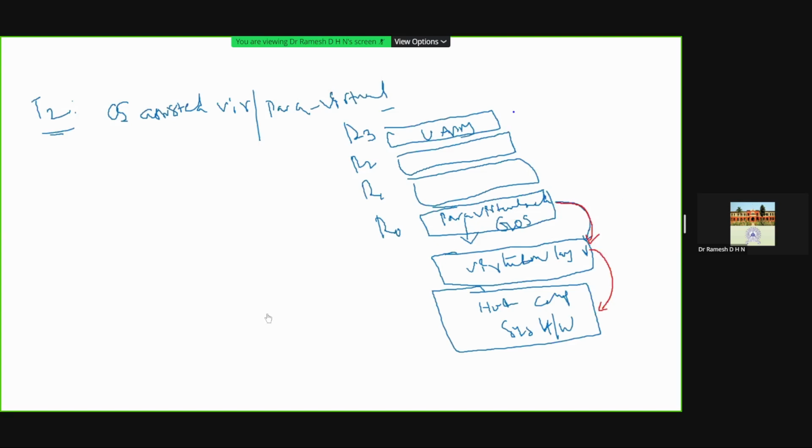And as usual, there is a direct communication from the user apps towards the system hardware. That is the direct communication that I'm not discussing. Now I'll discuss in what way the communication happens through the virtualization layer, from GOS to hardware. This happens in the manner of hypercalls. We call it hypercalls.